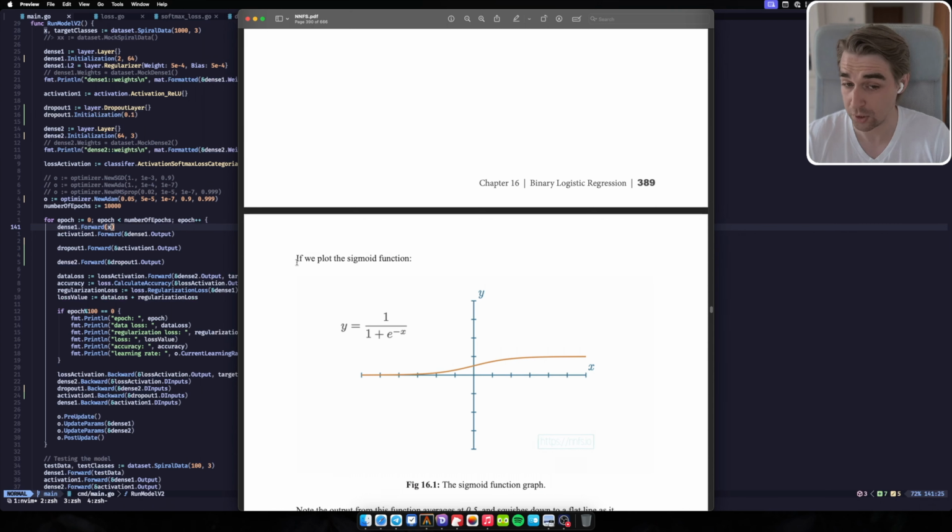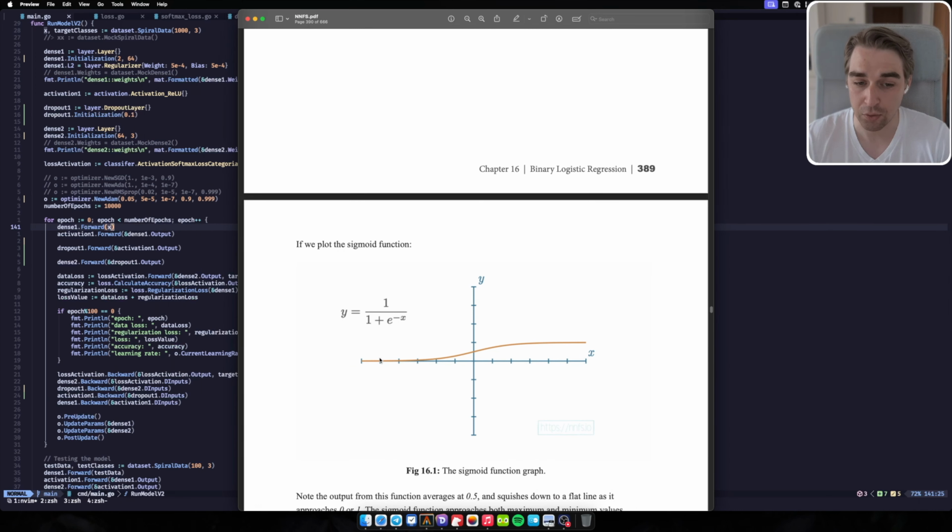If we plot the sigmoid function, it goes like this. The interesting part is that it will never be equal to 0 and it will never be equal to 1. So it kind of lies in between of this range. Also, for these x values, the result of the function is more or less the same, but the main difference in the output value is somewhere around 0.